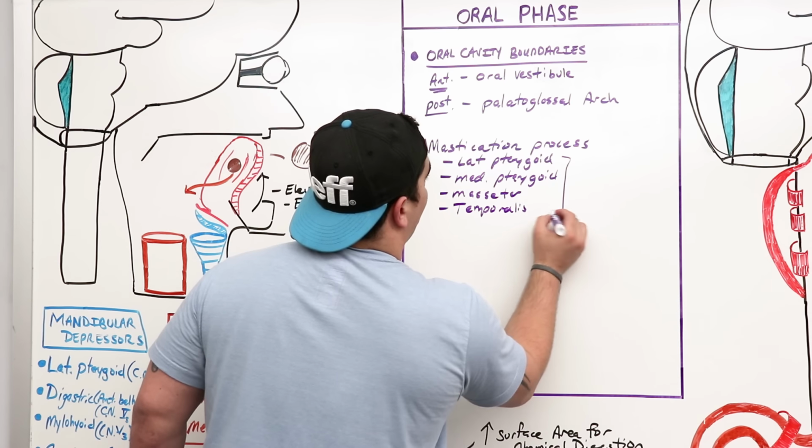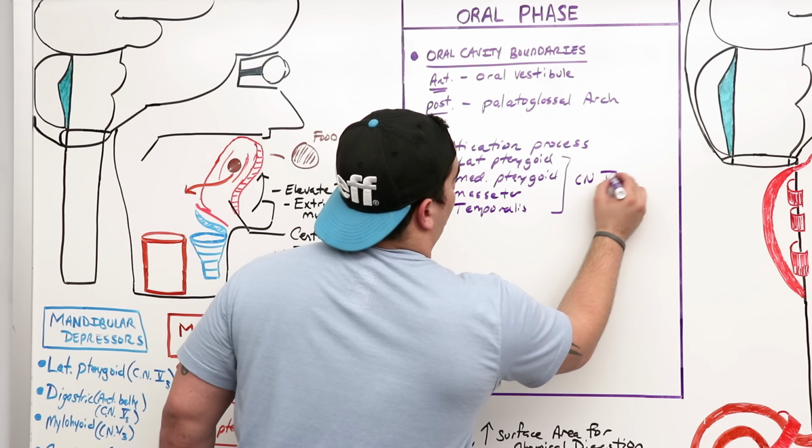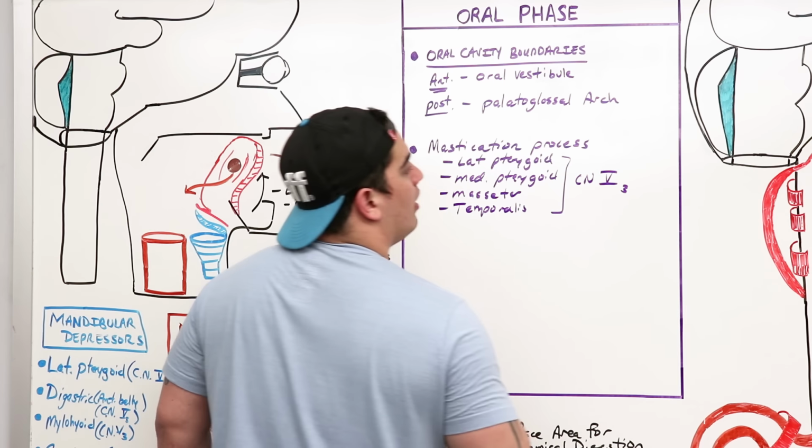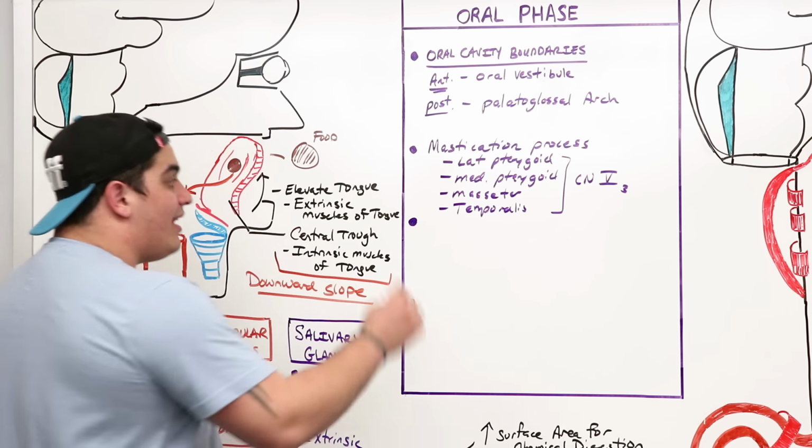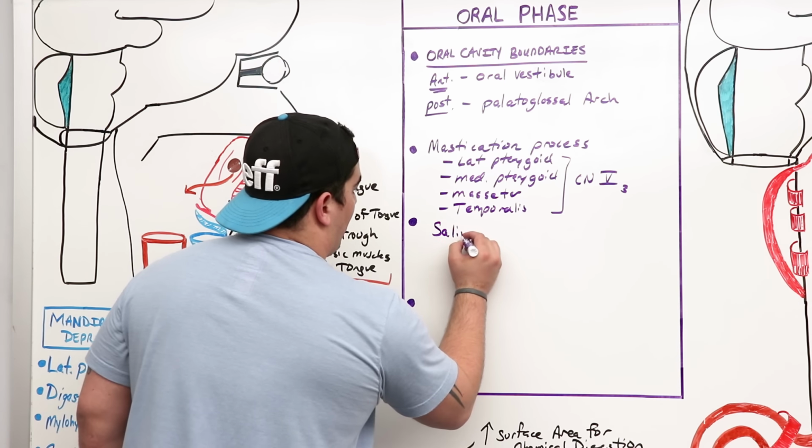And remember, all of these were innervated by the trigeminal nerve, and if you really want, the third division or the mandibular division. So that was significant.